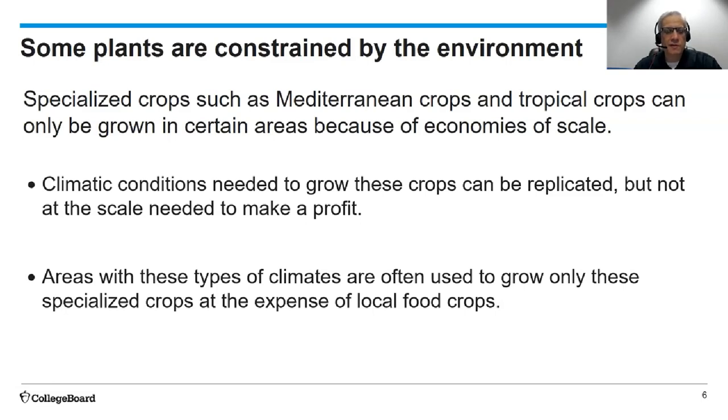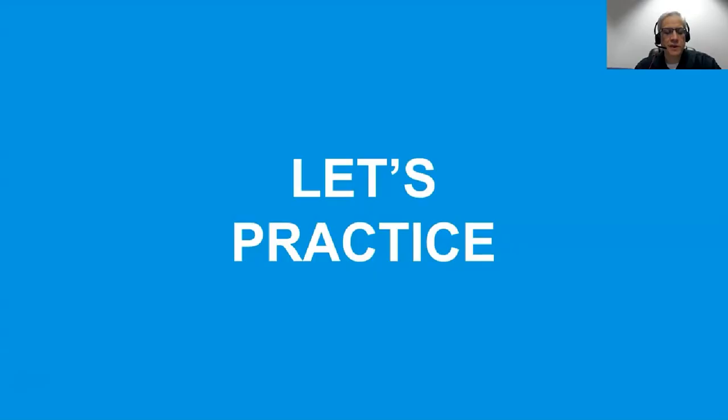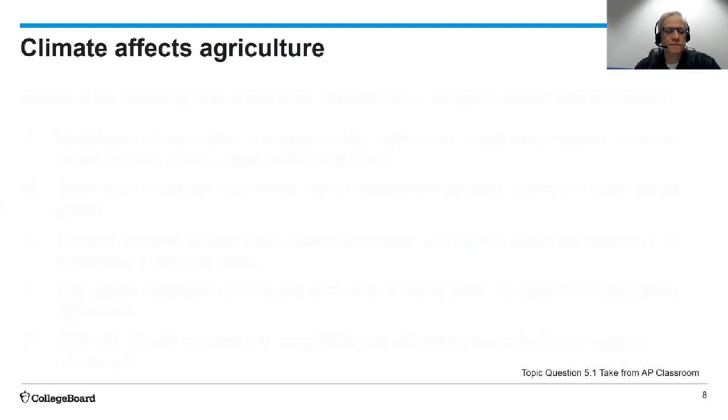So we can make a suitable environment for bananas or another tropical crop, but we can't do it on a scale that's large enough in order to make a profit from those bananas. It's best to just grow the bananas in the tropical climate. Areas with these types of climates are often used to grow only these specialized crops, often at the expense of local food crops.